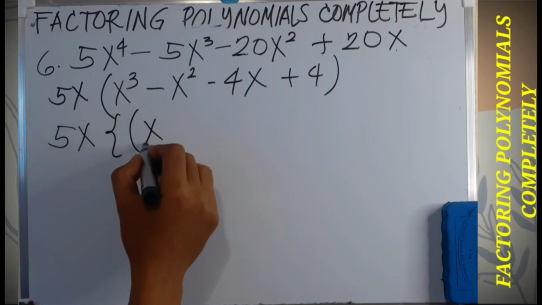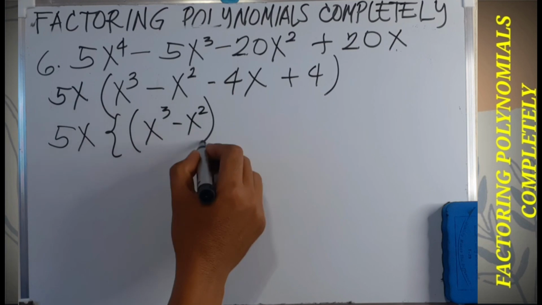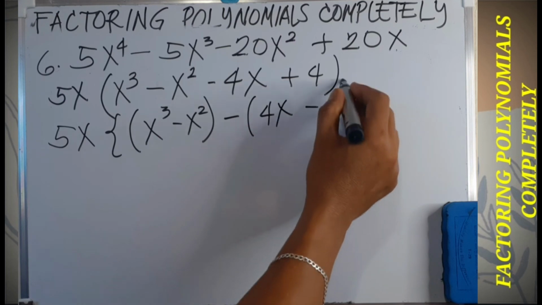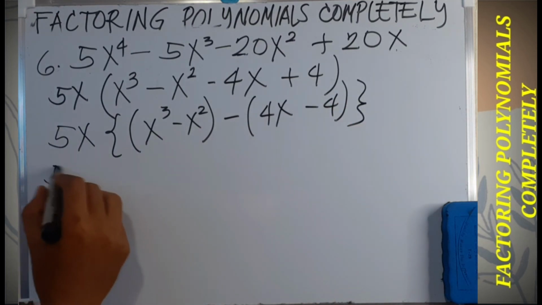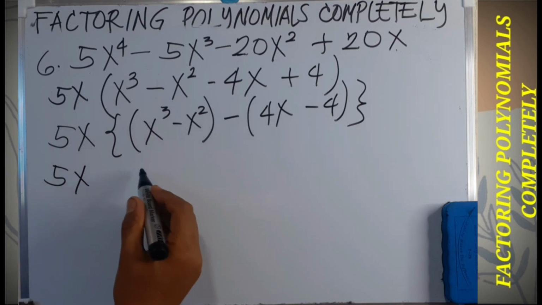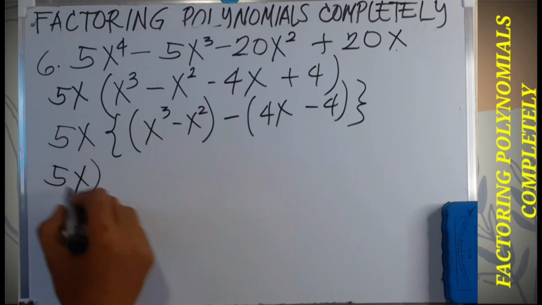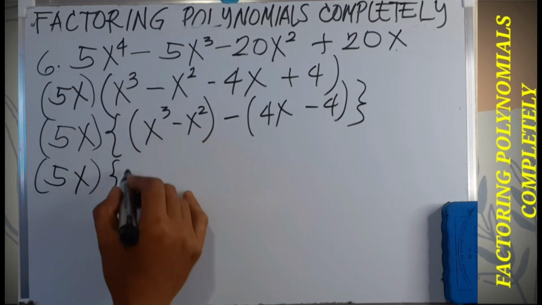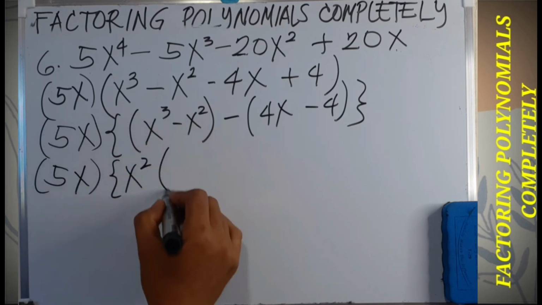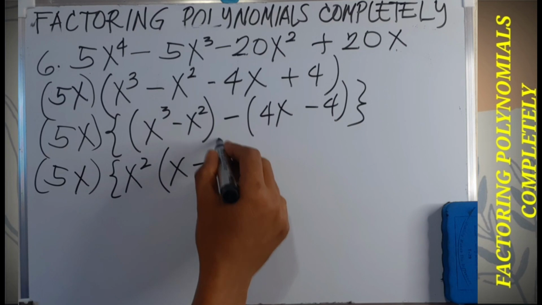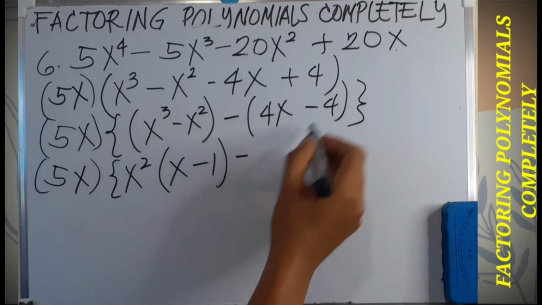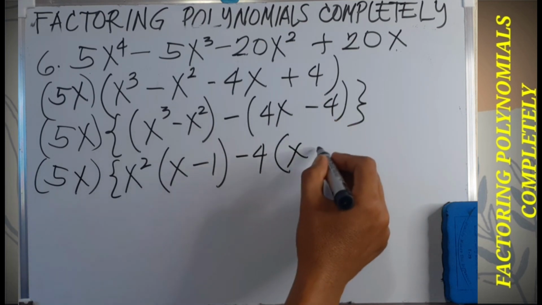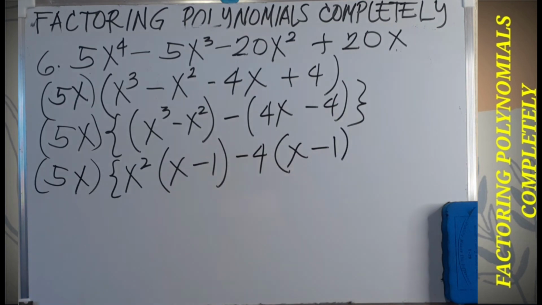So we have x cubed minus x squared minus 4x, and plus 4 will become minus 4. 5x, copy again. Then, what is common between them is x squared. X cubed divided by x squared is x. X squared cancels, minus 1. Minus, what is common here is 4. 4x divided by 4 is x. Cancel, 4 is minus 1.